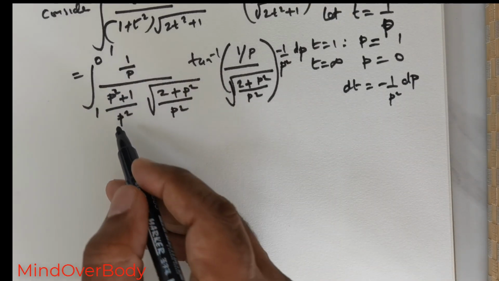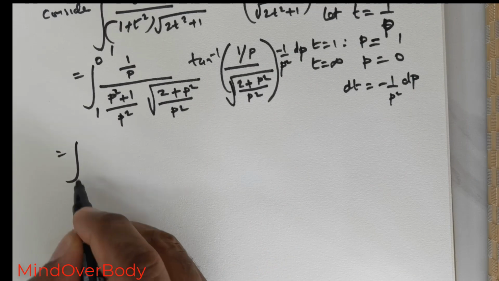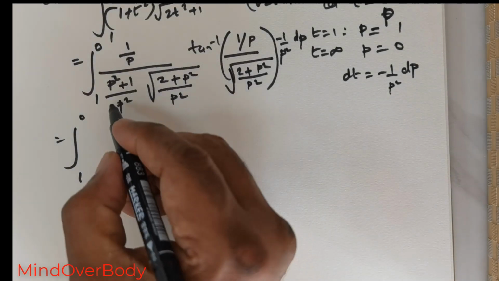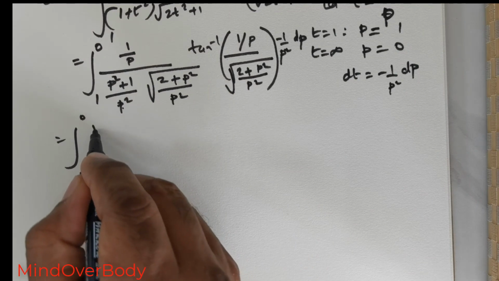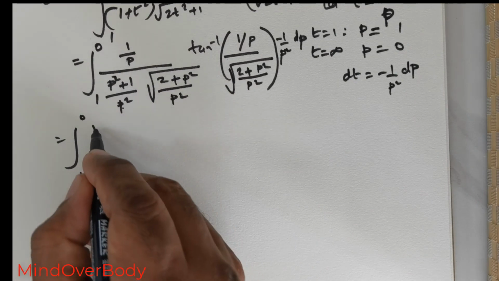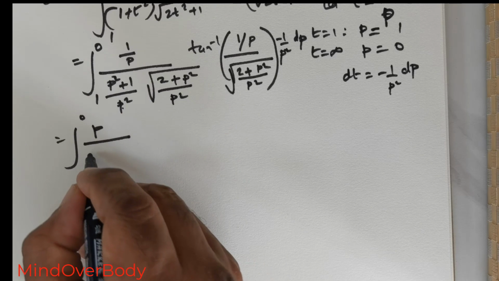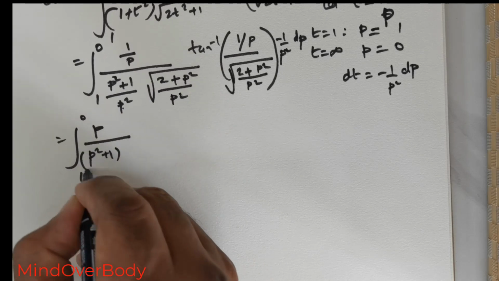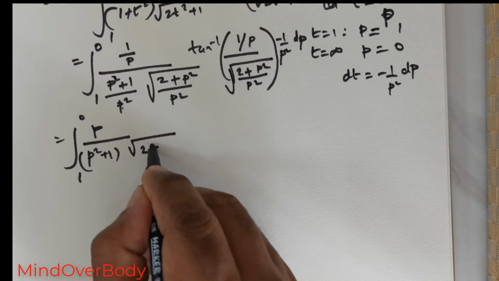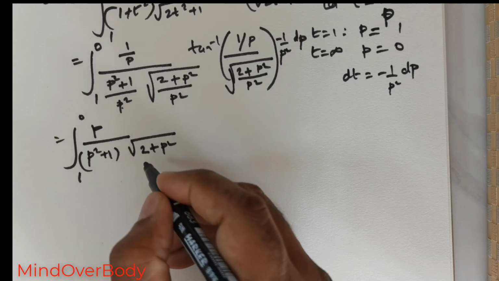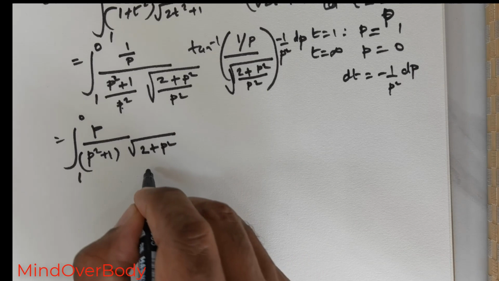When I flip that here, this is 1 to 0. If I were to flip that, that goes as numerator, so I will have a p there, because a p squared and a p get cancelled. I get a p there divided by p squared plus 1, and then this is going to be root of (2 plus p squared) divided by p.